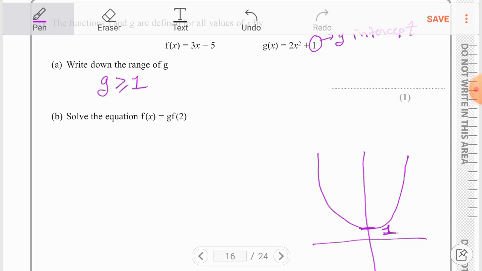Greater than because every value of y is greater than 1. The least value was 1, but otherwise it's all greater than 1, and equal to 1 because the graph itself has the point 1. That's why the range of g would be g(x) ≥ 1.